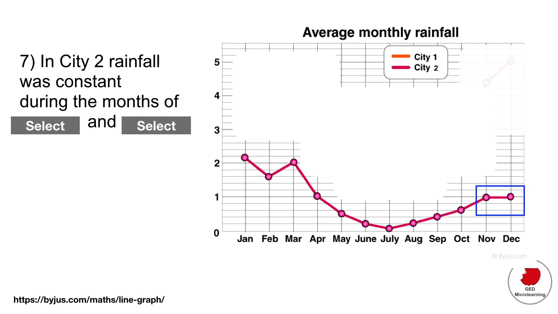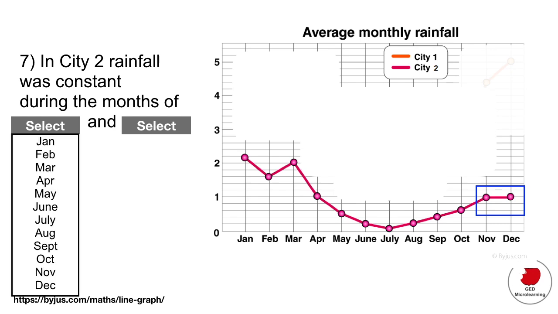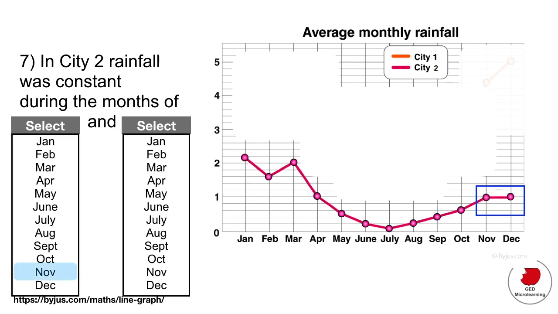If you look at that line, you can see that in the month of November and December, the rain in this city was exactly the same. It looks like they had an average monthly rainfall of 1 inch, or whatever that represents. So all you have to do is go to the drop-down menu and you hit November and December.